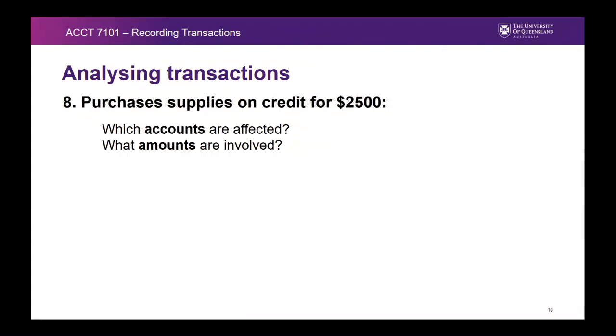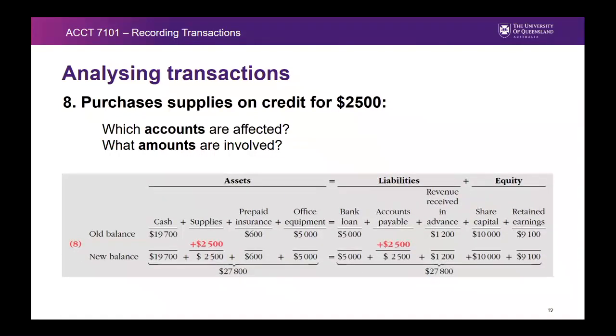So we've purchased supplies on credit for $2,500. So we've got an asset called supplies. So I'll just go back a step. Supplies consist of lots of generally small items of lowish value that we use up in the business. Supplies could be paper, pens, stationery, lots of small things that we use up.